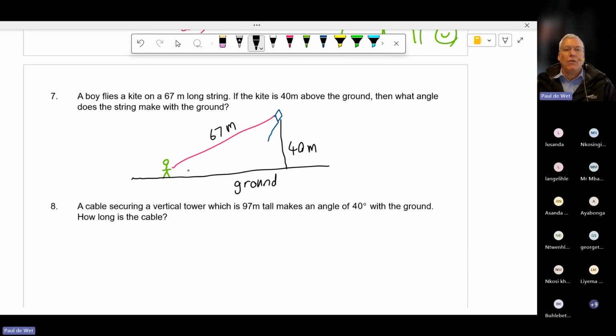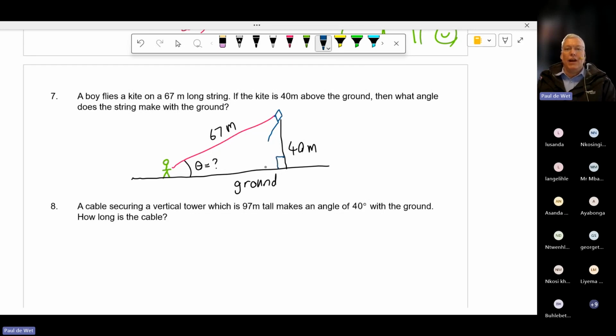And then it says, what's this angle over here? Have I got a 90-degree angle? And if so, where is the 90-degree angle? Is it here? Is it here? Is it here? Yeah, it's over here.